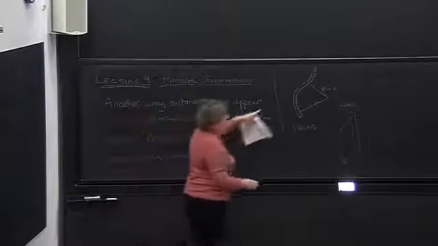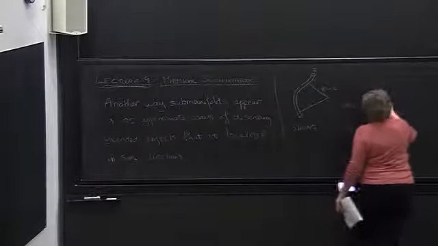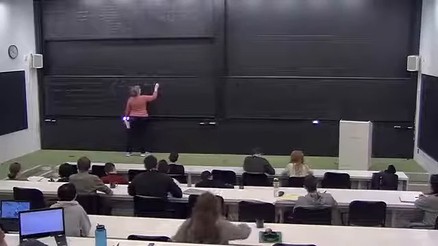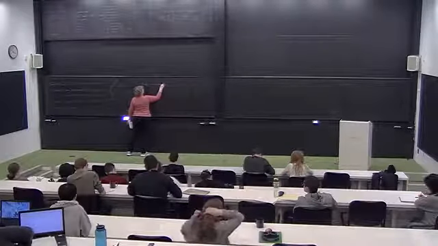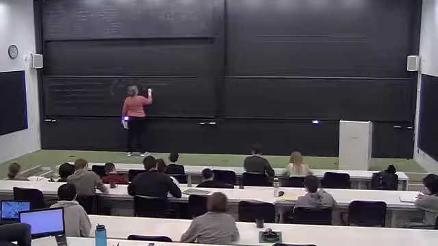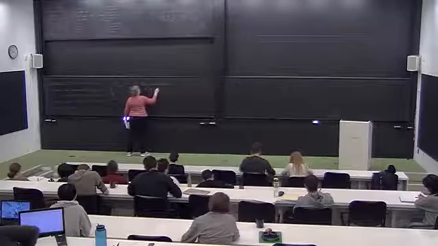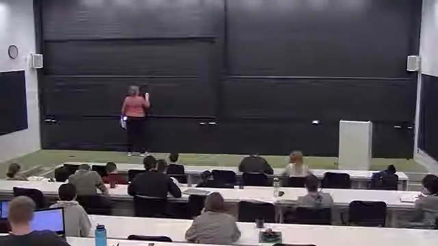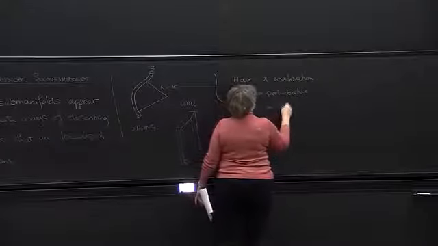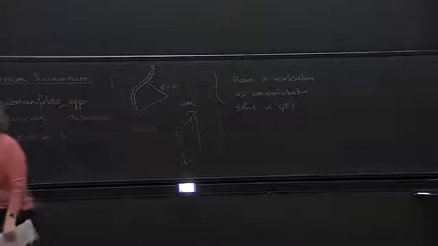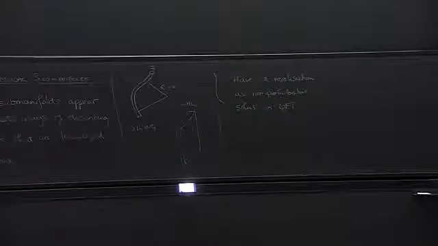So these objects actually have a realization as non-perturbative solutions in field theory. Normally, when you do quantum field theory, you're thinking about perturbation theory because you want to describe particles.